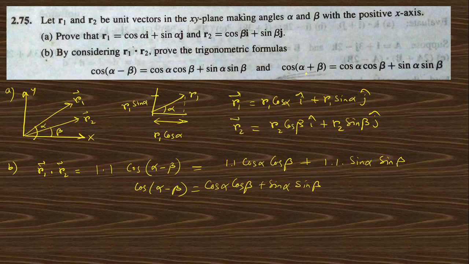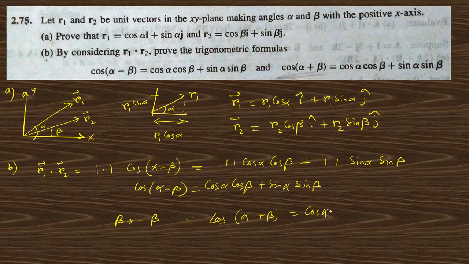And for cos(alpha plus beta), you just put beta as minus beta. That means if R2 is along that direction, beta changes to minus beta. Then cos(alpha plus beta) is cos alpha cos beta minus sin alpha sin beta, since cos of minus beta is cos beta but sin of minus beta is minus sin beta.